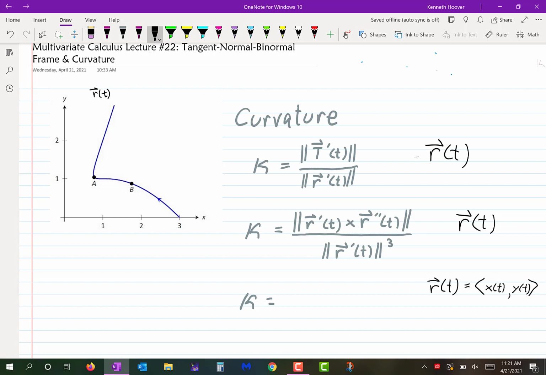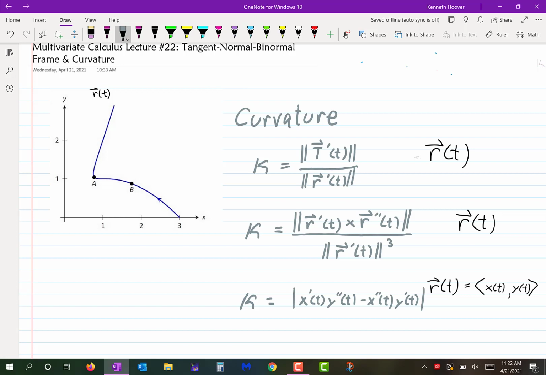Okay, then this will also give you the curvature. If you do x prime of t times y double prime of t minus x double prime of t y prime of t, and then you do absolute value of that.